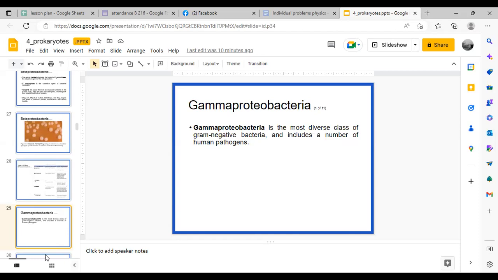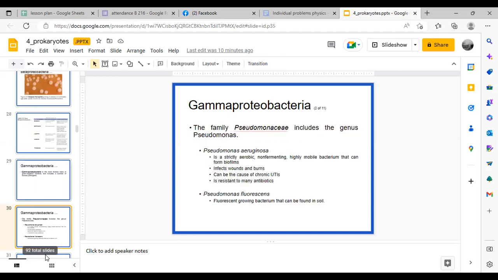Gamma proteobacteria. So this is the most diverse class of gram-negative bacteria and includes a number of human pathogens. So let's look. So you have the family Pseudomonadaceae.